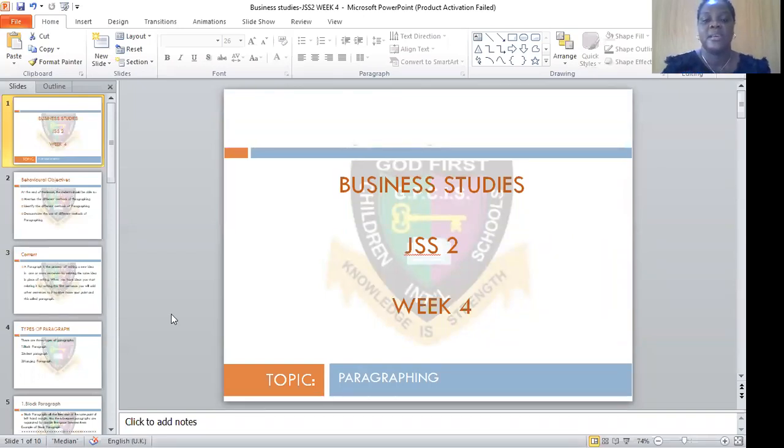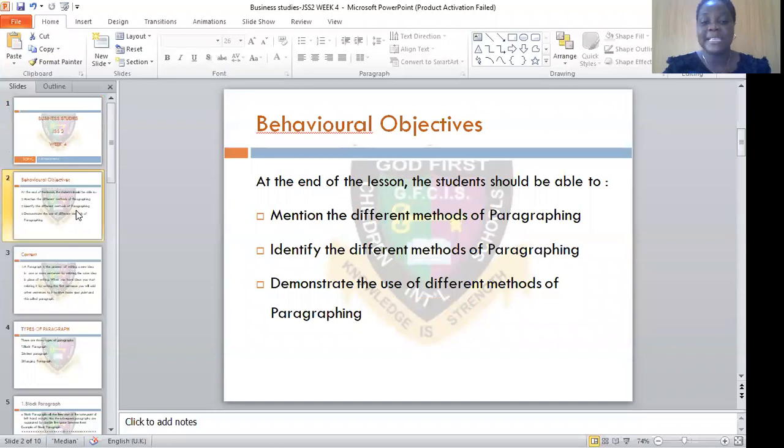Paragraphing. Before you can start paragraphing, you must have learned about letter writing, or be familiarized with a manuscript, whereby you now begin to sectionalize it. At the end of today's lesson, you should be able to mention the different methods of paragraphing.